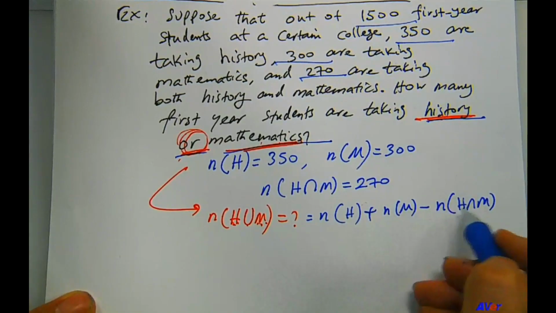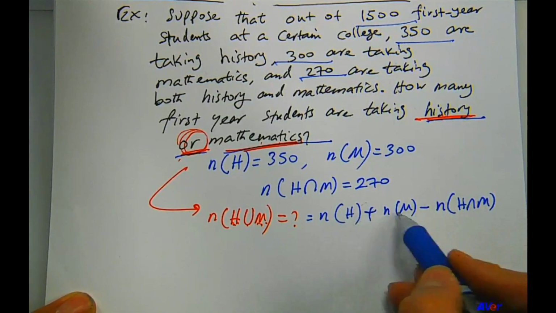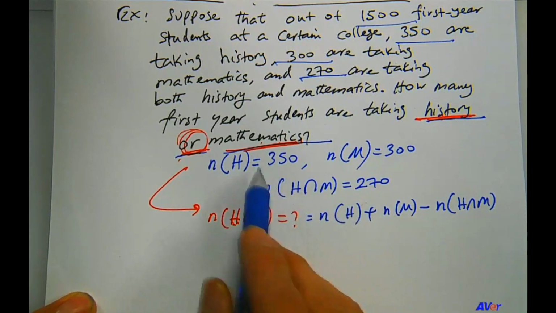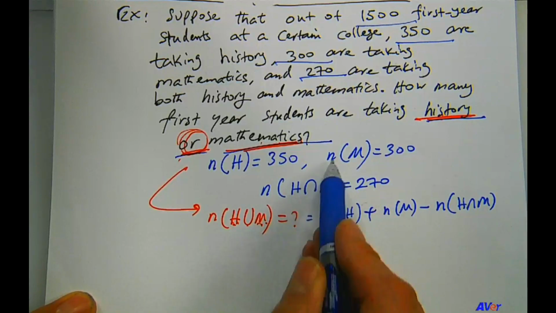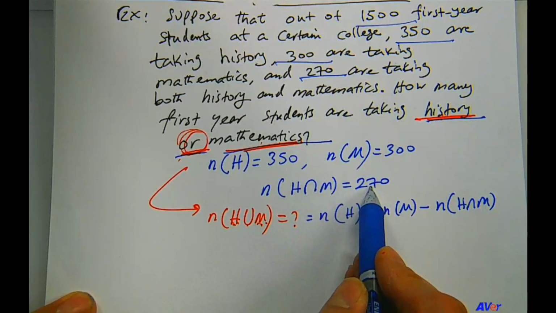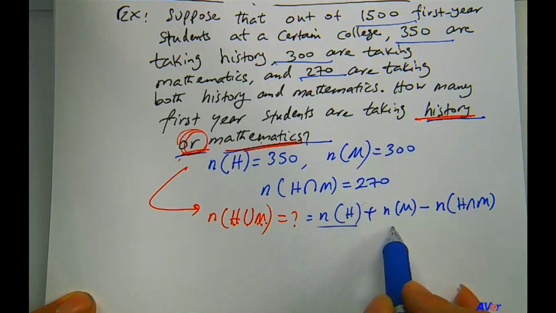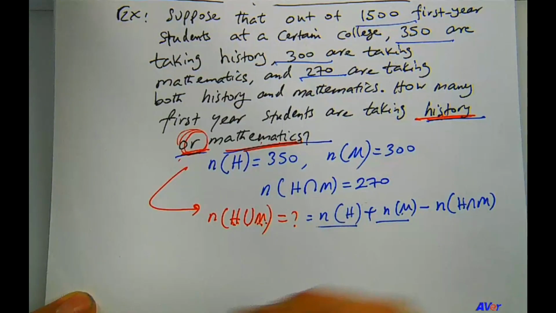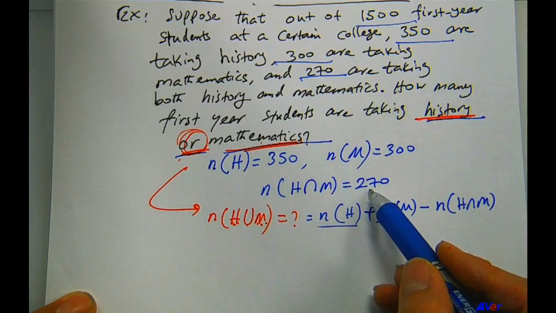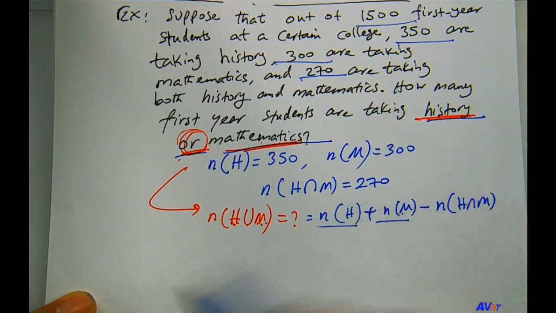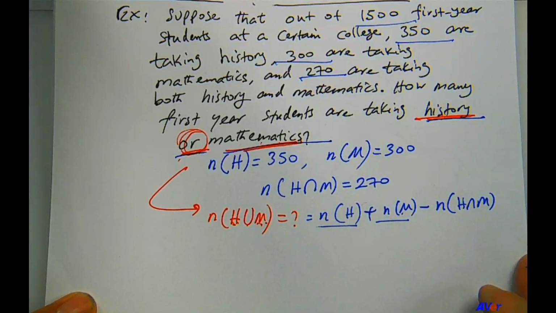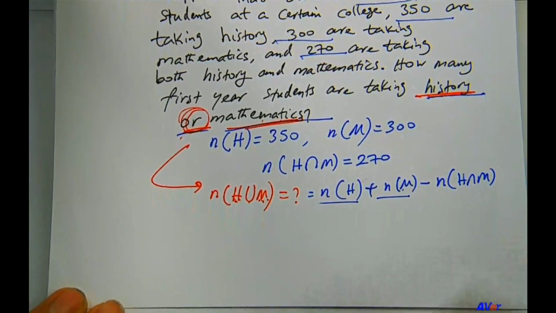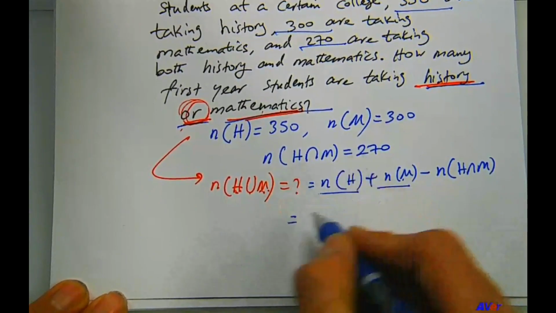Again, this subtraction is because when we add 2 sets that have common elements, and in this case we do have, the sets do have 270 people who are taking both history and math. So those 270 people are part of this piece and part of this piece. When we add them, we're double counting those 270 individuals. So in order to eliminate that, we subtract that once, and it gets rid of the double counting of individuals in this problem.